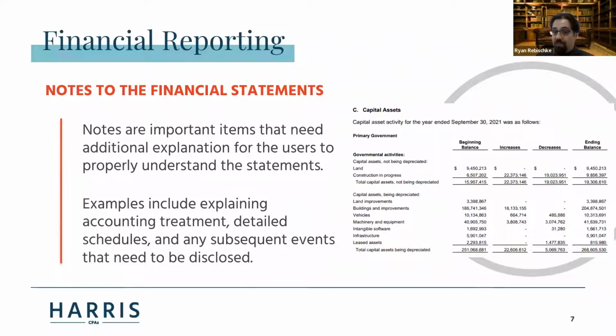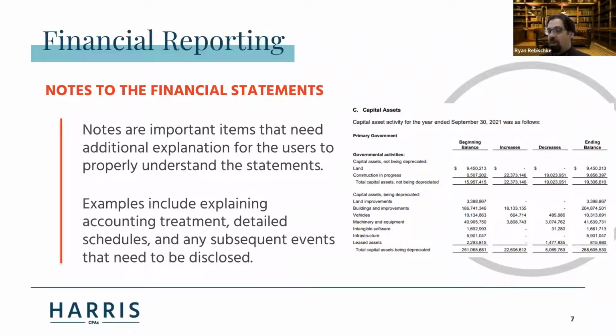So you might have, such as this example here, which in this case is note C, a breakdown of what that fixed asset makeup is. So how much is land? Well, in this case, it's $9.5 million. It's a big chunk of land. Land has skyrocketed right now, so it's good to know that this entity owns the ground that their property is on.